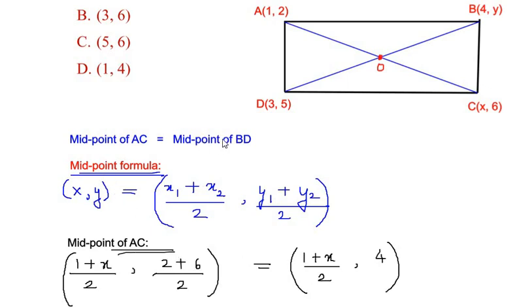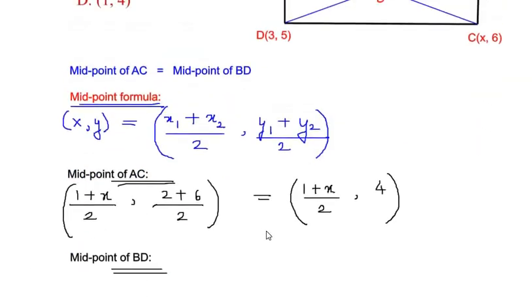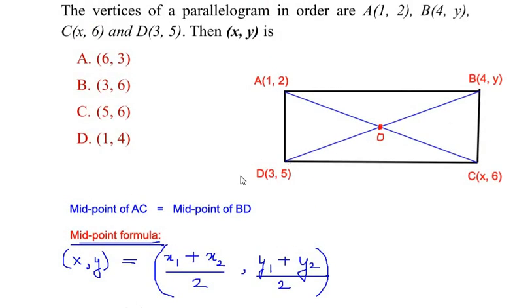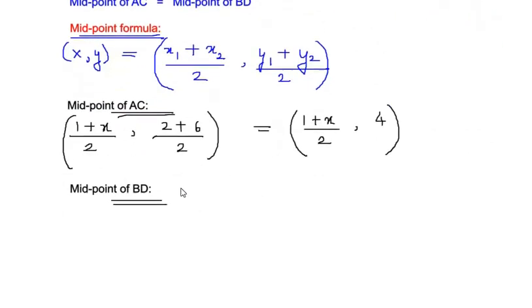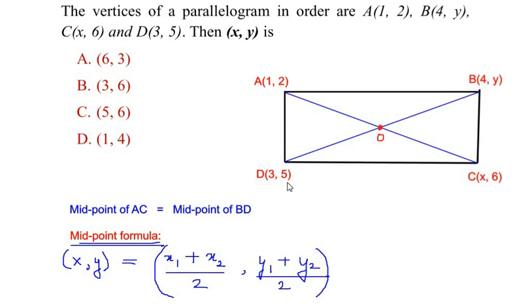Now let us find out the midpoint of line BD. For the midpoint of the line BD, we are again going to consider the x values of B and D. So here we have 4 and 3. Let us add them: 4 plus 3 over 2, comma. Now let us find the y coordinates of B and D, that is y and 5.